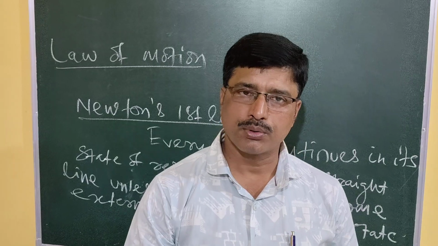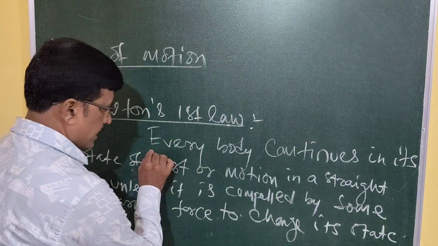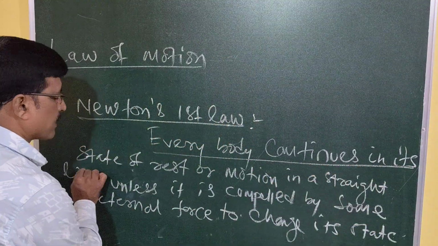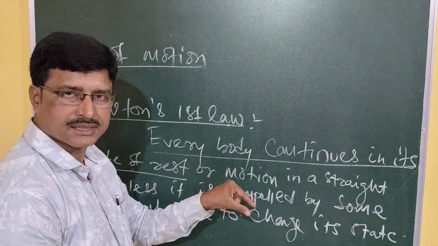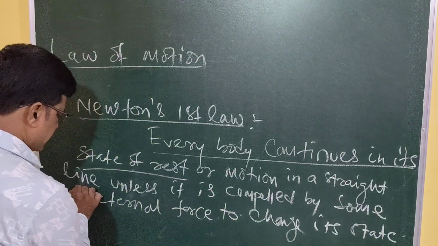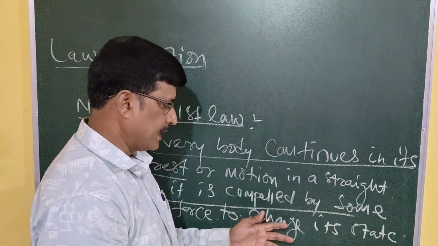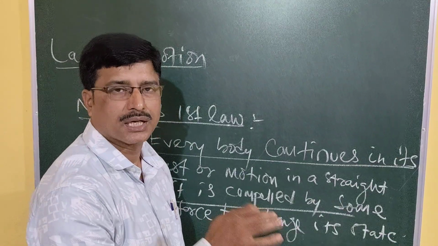But after applying some force, it changes its position. If it is in motion, it continues to move in a straight line till we are not applying a force on that body.